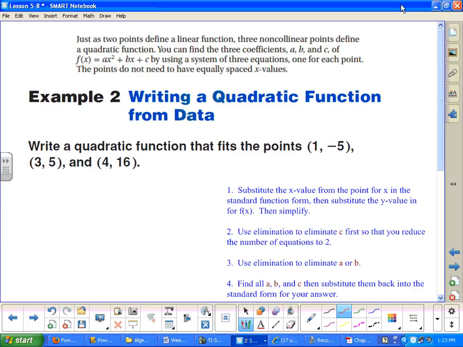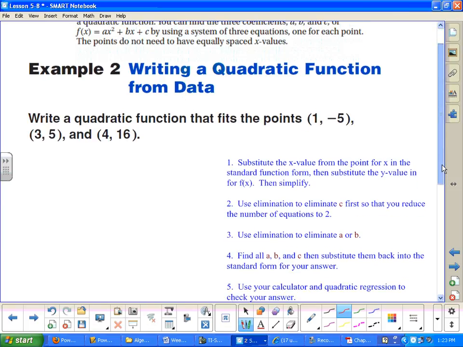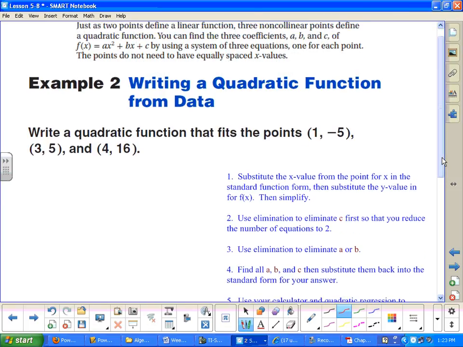They give us these 3 points, (1, -5), (3, 5), and (4, 16), and they want us to find the quadratic function that fits those 3 points. Whenever I have 3 points, I can find a quadratic function that fits them. It just isn't always going to be nice values.